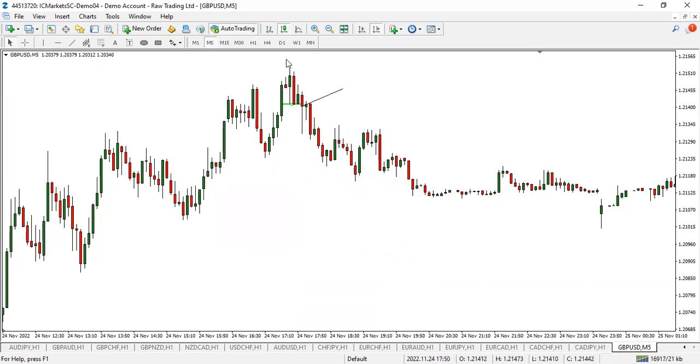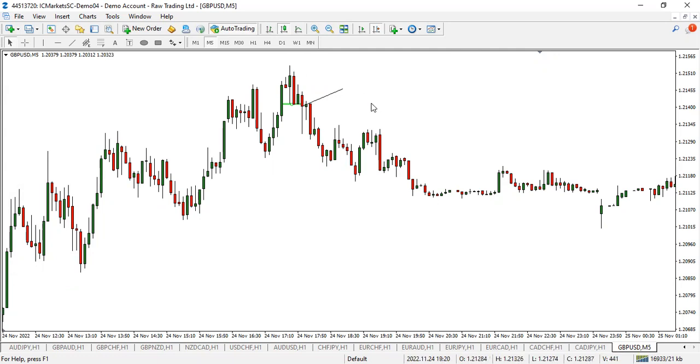And your stop loss above here could be usually 5 pips above the high of that structure or that entry pattern. This is in addition to your spread.